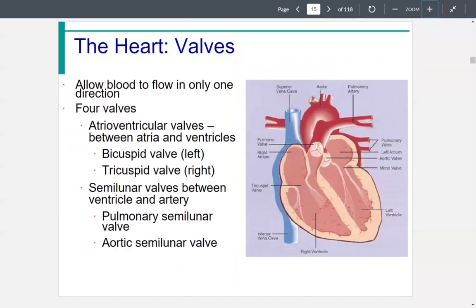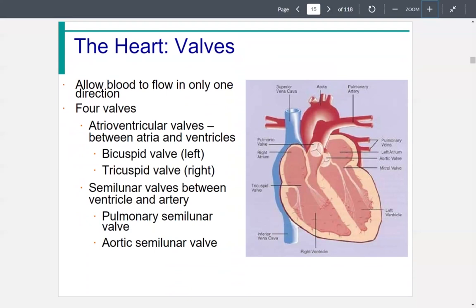Now located within the heart, there are 4 valves. Valves are important. They help prevent backflow and keep blood where it's supposed to be. So we have 4 valves. 2 are found between the atria and the ventricles. So we have a right AV valve and a left AV valve.